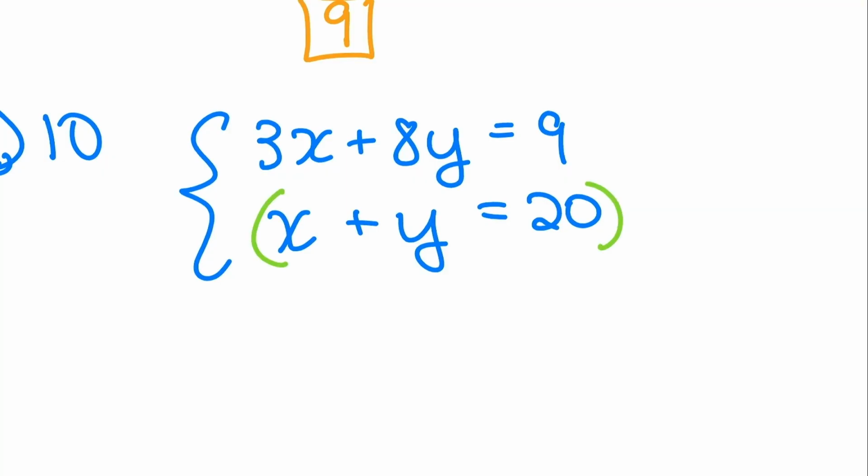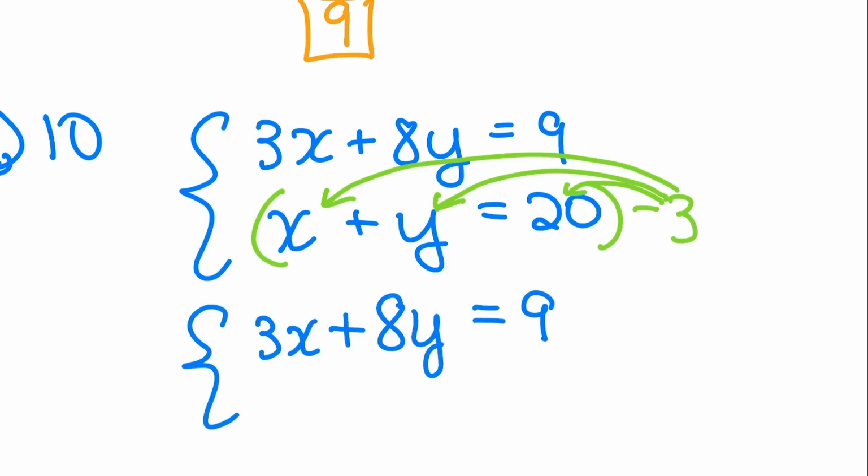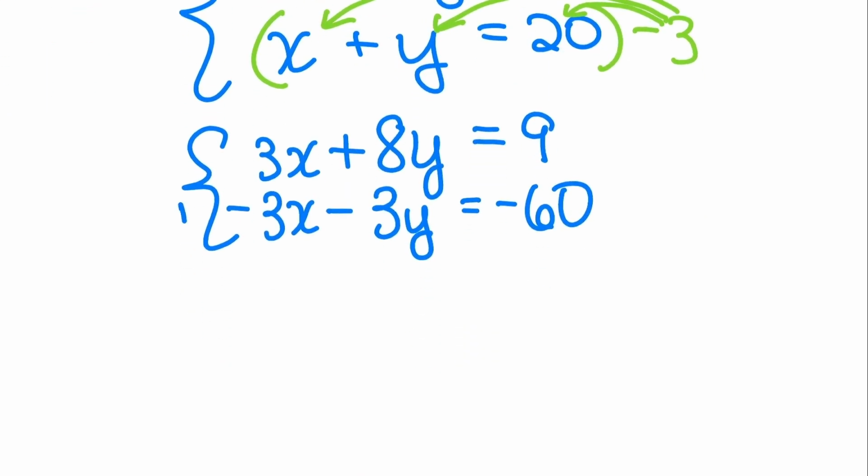So I'm going to choose to multiply the bottom equation by -3, and that's going to allow our x variable to cancel. So this is going to be 3x plus 8y equals 9, and then -3x minus 3y equals -60. From here, we are just going to add them straight down.